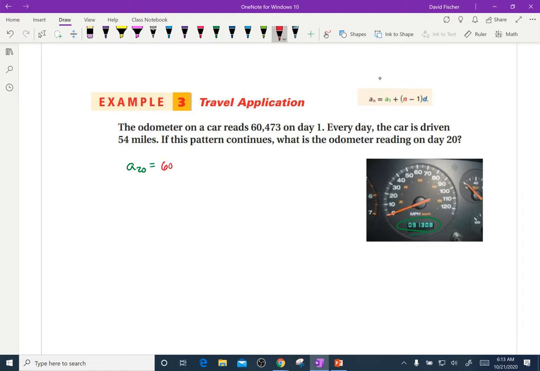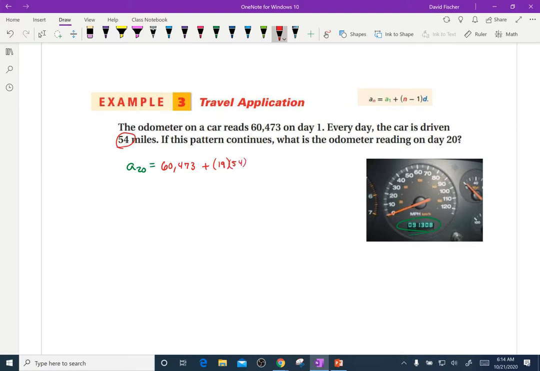Well, it's going to be the 60,473 plus the number I want minus 1. The number I want is 20, so if I take 20 and subtract 1, now my difference, they told me I'm going plus 54 miles every day, so I want to take it and times 54.